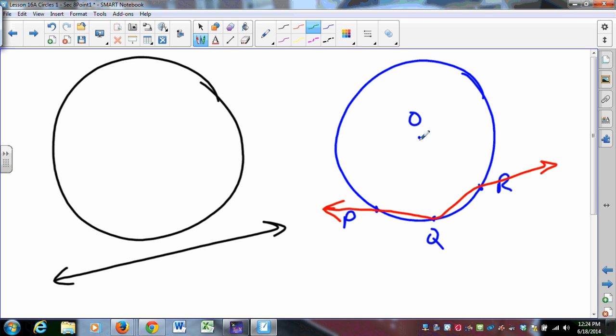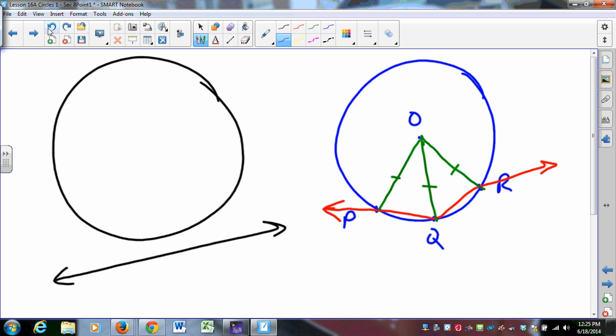The proof is not too terribly difficult. It recognizes that these are radii, and once these are radii, that means something with respect to this angle and this angle. And once you see that, then you know, okay, I can't have 3 points of intersection between a circle and a line. But that's something that I will prove formally when we gather together.